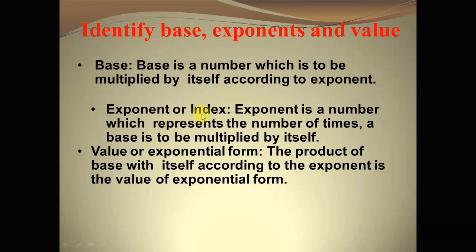Exponent or index is a number which represents the number of times a base is to be multiplied by itself. And value, or exponential form: the product of the base with itself according to the exponent is the value of the exponential form.